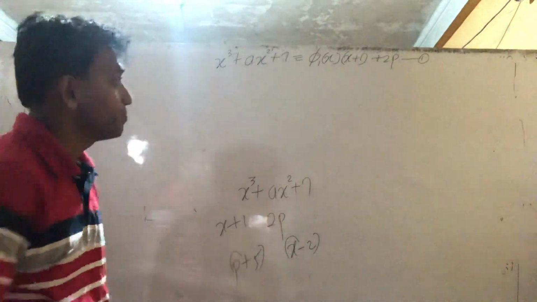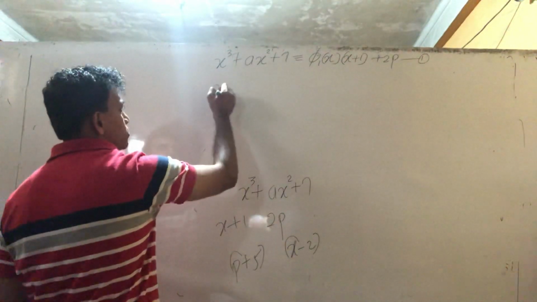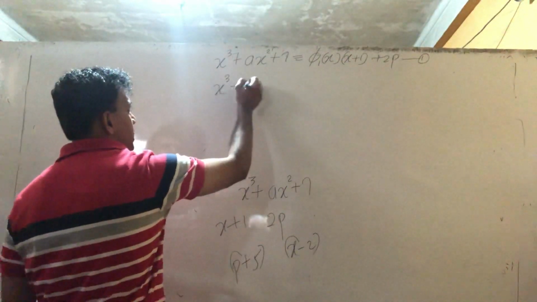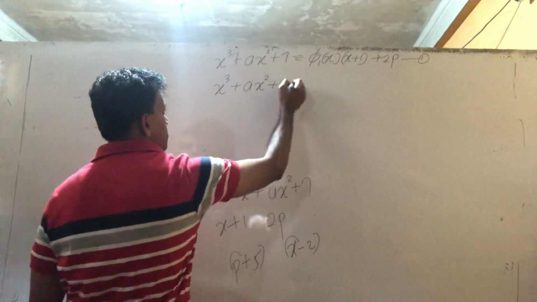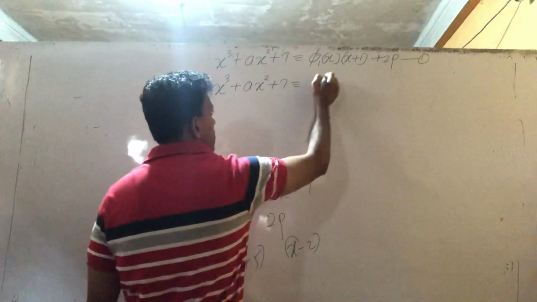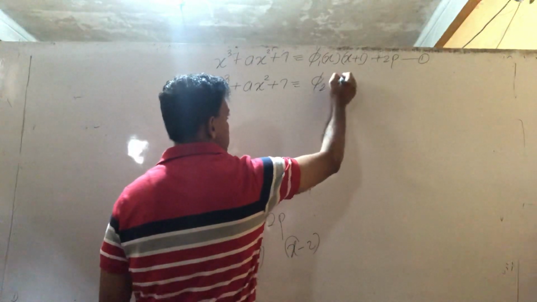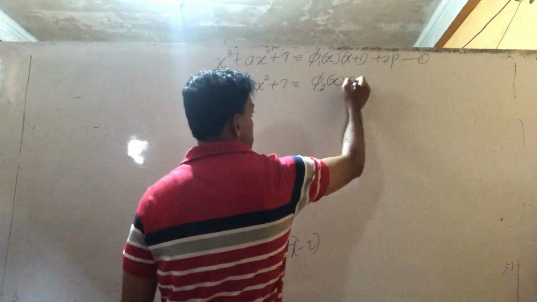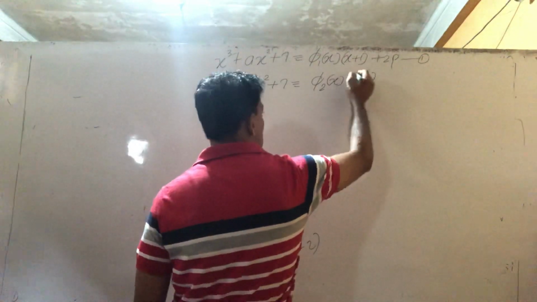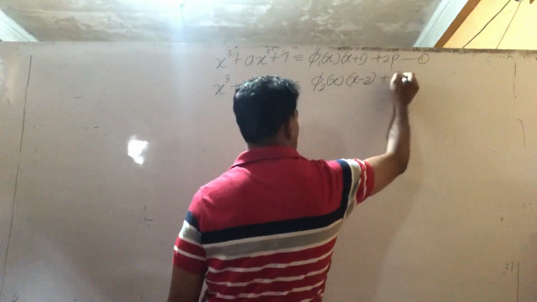See the next one. x cubed plus ax square plus 7 equals quotient into divisor x minus 2, and the remainder is p plus 5.